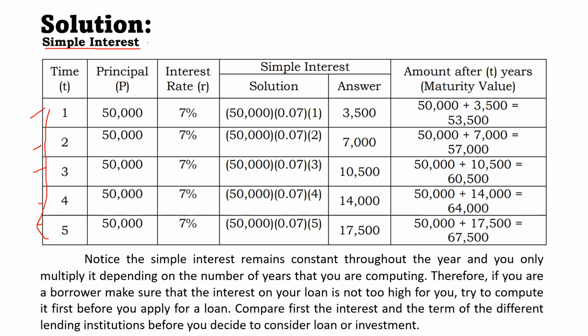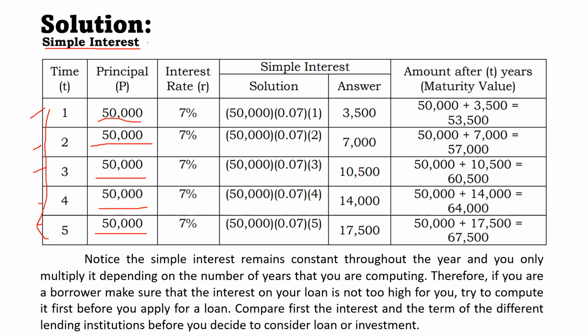By simply applying the definition of simple interest, the interest previously earned is not included. Meaning whatever your principal in the first term is still the same as the principal in your second term, third term, fourth term, and the last term, or the fifth term, in this problem.